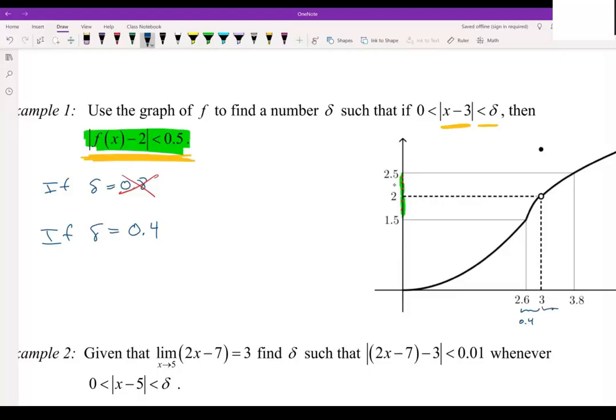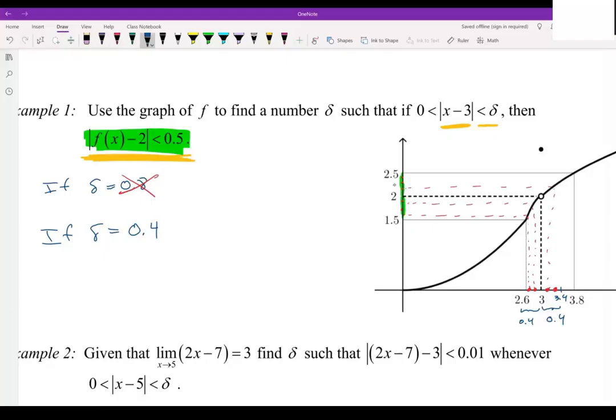And here it would go to 3.4 and I get a 0.4 distance. And now any point I pick in here, as long as it's in that region, will always give me a y value in the green region, right? Et cetera, et cetera. So that works.